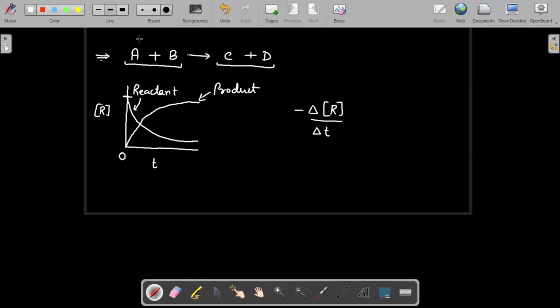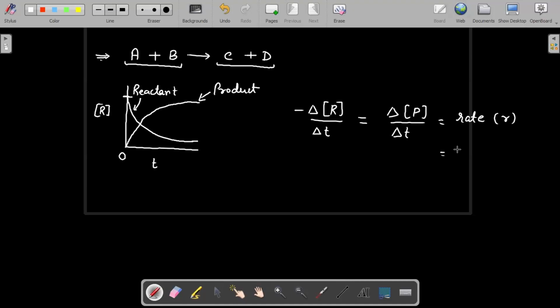Okay, so the decrease in the concentration of reactants with respect to time is equal to the change in the concentration of product with respect to time. Anything with respect to time is nothing but the rate. We call it a rate. This word rate is also indicated by small r.